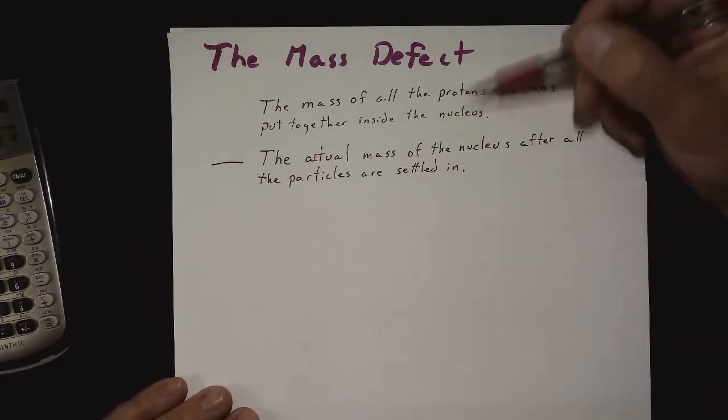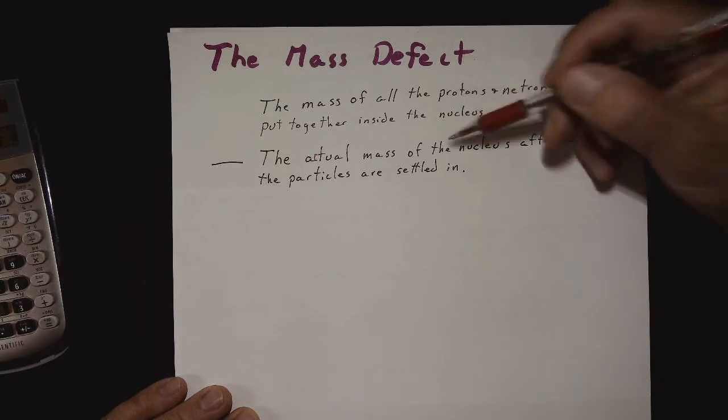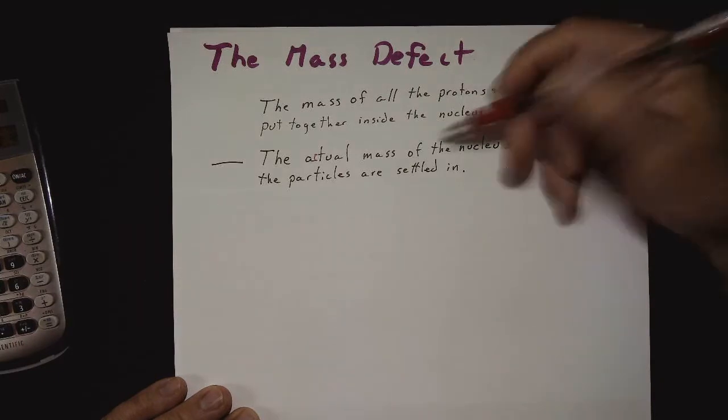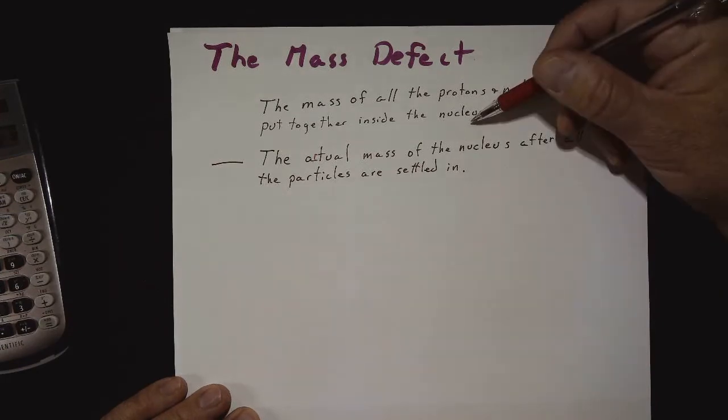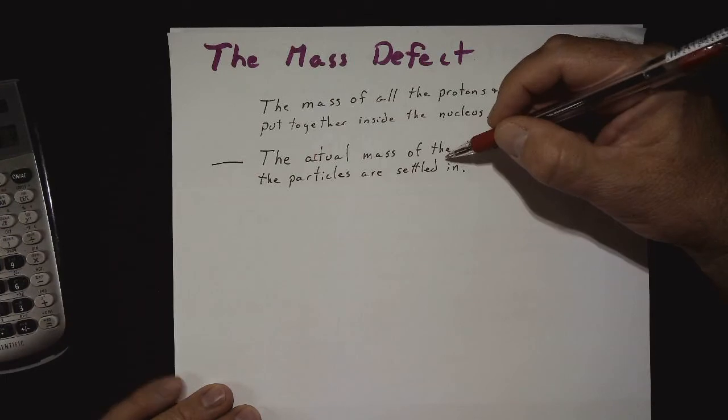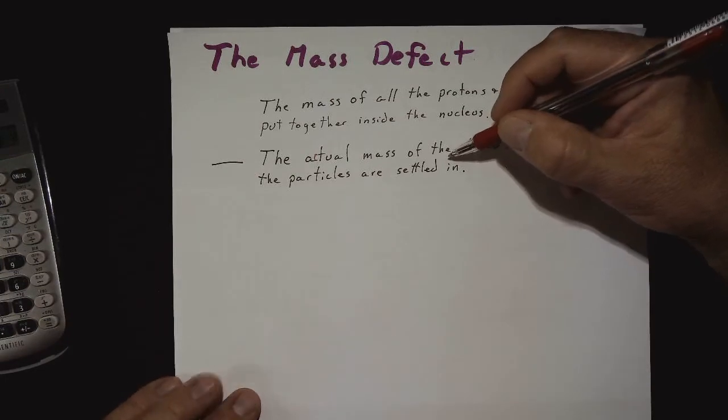So, here's all the particles that make it. Sort of like putting bricks together to make a house. You put all these bricks together, weigh each one separately, then you weigh the house. Well, you would expect the house to weigh the same as all the bricks you used to put it together. But in an atomic nucleus, this is not the case.